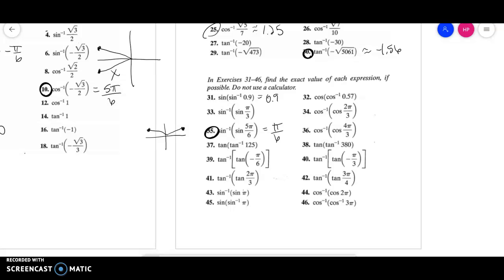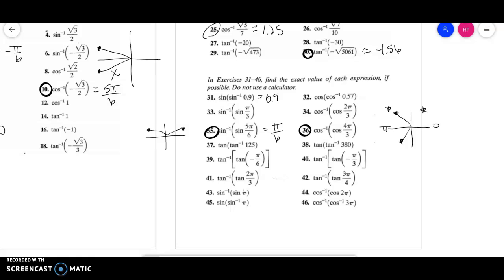And then take a look at 36. So the same thing happens here with the cosine inverse of the cosine of 4 pi over 3. So 4 pi over 3 actually puts me down here into the third quadrant. Cosine is also negative up here in the second quadrant, and my answers have to be in either quadrants 1 or 2 so that they're between 0 and pi for cosine.